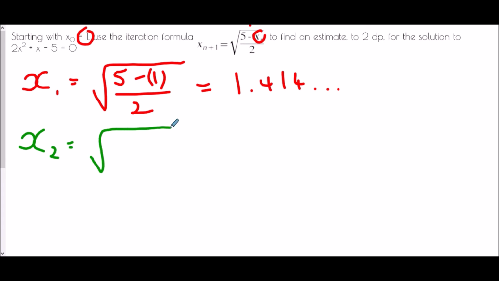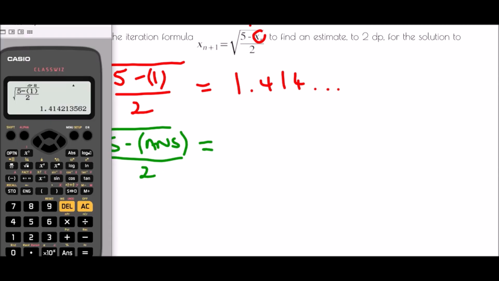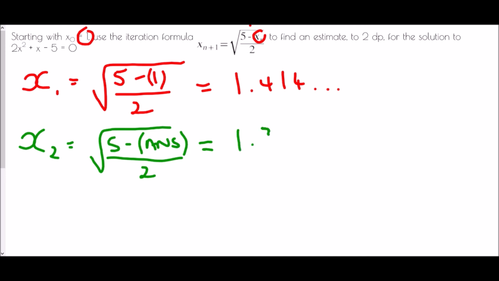And so just as we did before, we're going to replace our value of 1 that we did have with answer. We're going to put the answer that we've just gotten into this equation, and so we'll just tap back and put in answer, press equals, and this time we get 1.338... Now obviously here to 2 decimal places we're a long way out, so we're going to keep going and try x3.